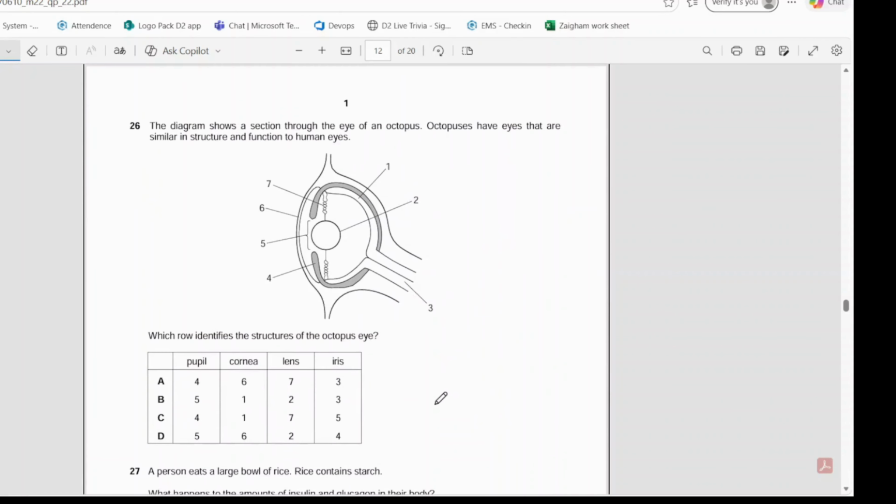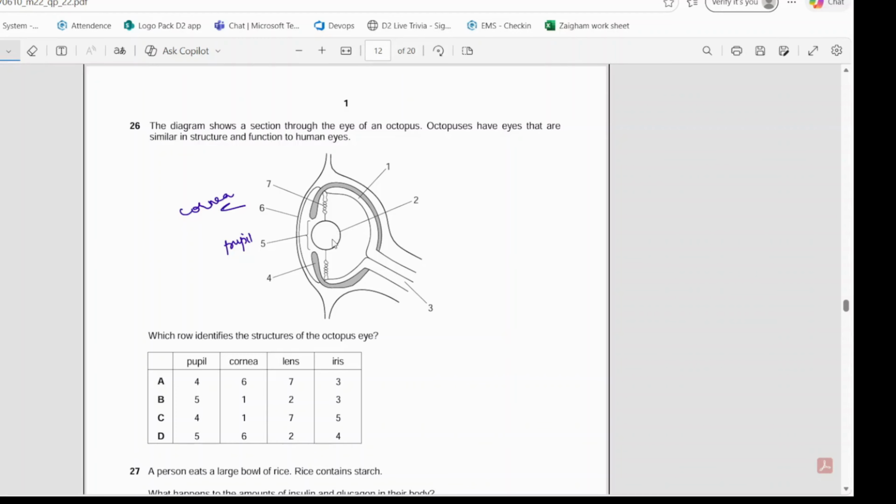Number 6, the structure of eye is given. Which one is the correct labeling? What is pupil? Pupil is 5. This one, exactly. Cornea would be 6. Okay. The layer. Okay.